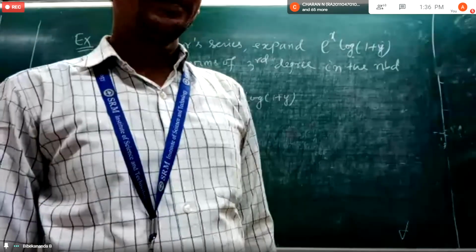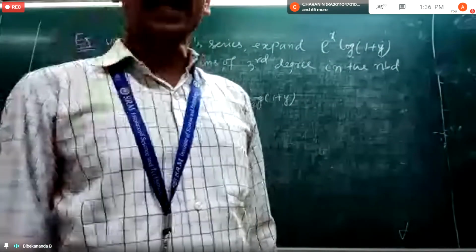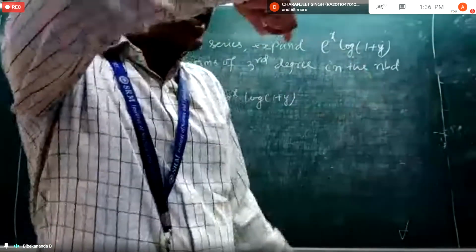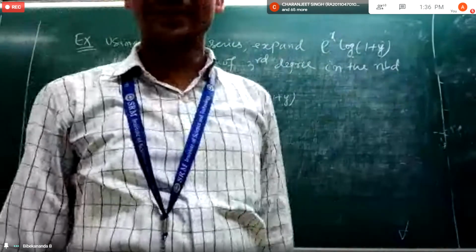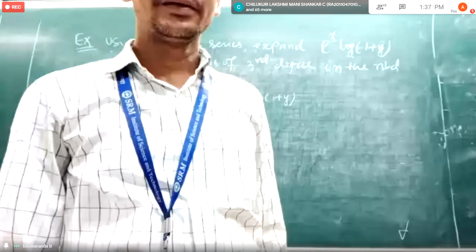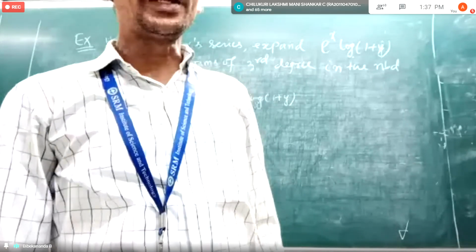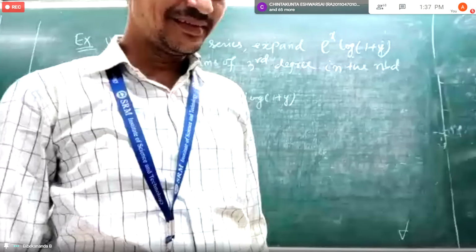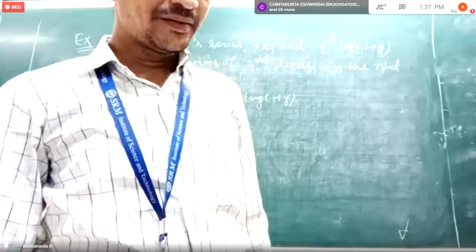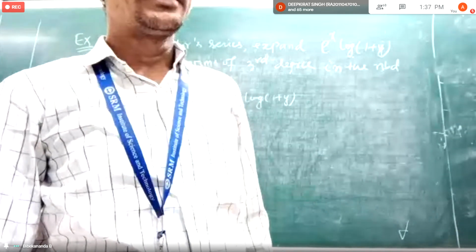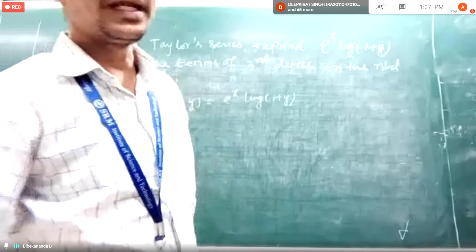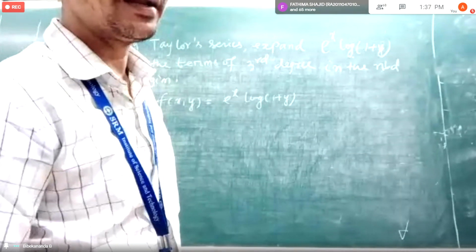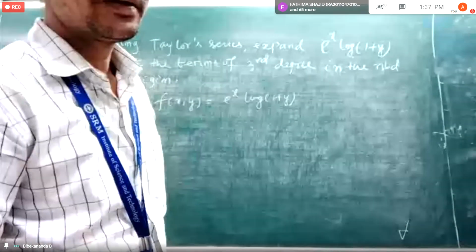Thereafter, what do you do? Find a and b. Identify a and b. Whether a and b are given in the question? How many of you are saying no? How many of you are saying yes? It is given. How do you know it is given? Neighborhood of origin.